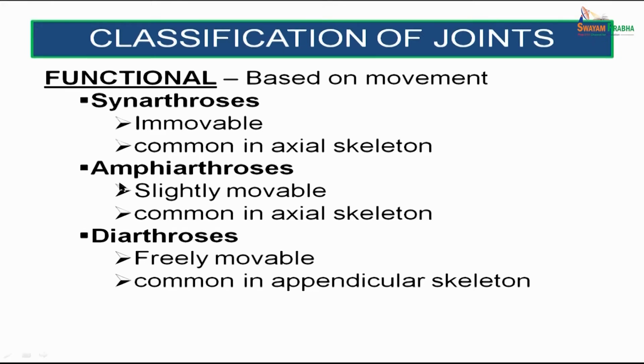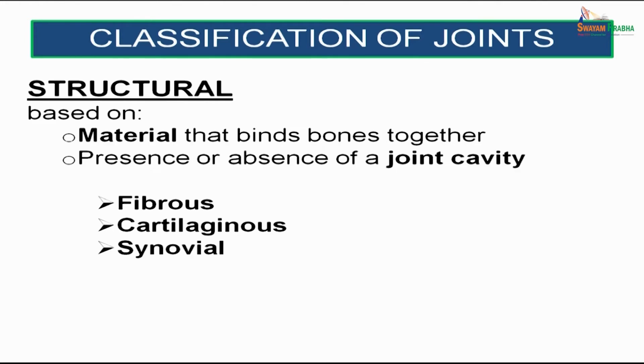The joint is called amphiarthrosis when it allows slight movement. These are also seen in the axial skeleton. The joint is called diarthrosis when it is a freely mobile joint. They are commonly found in the skeleton called the appendicular skeleton or the skeleton of the limbs.